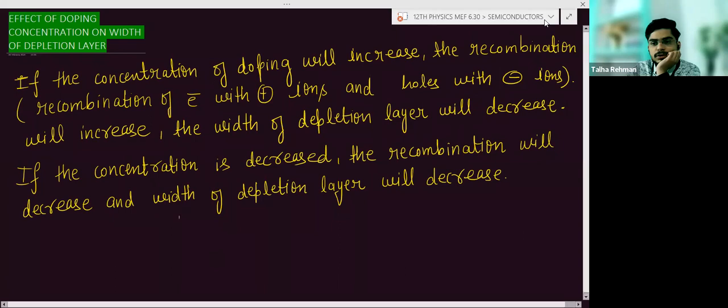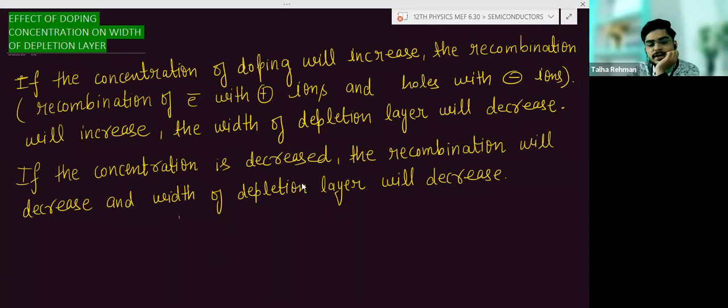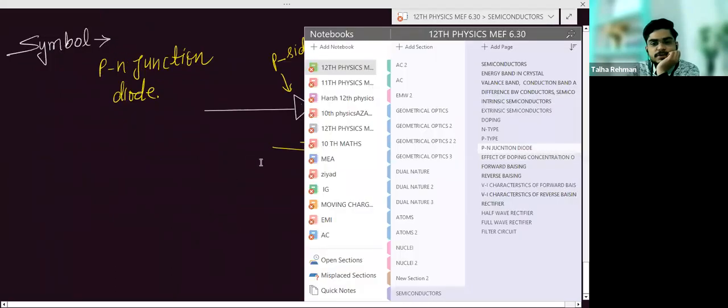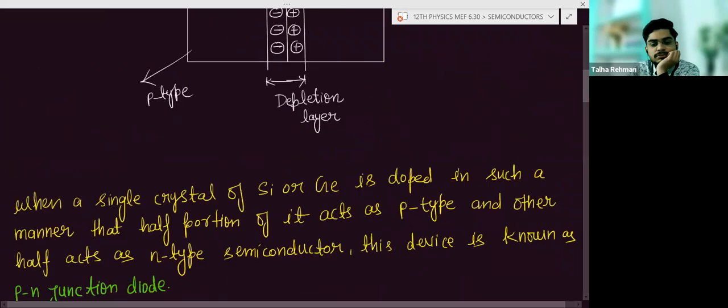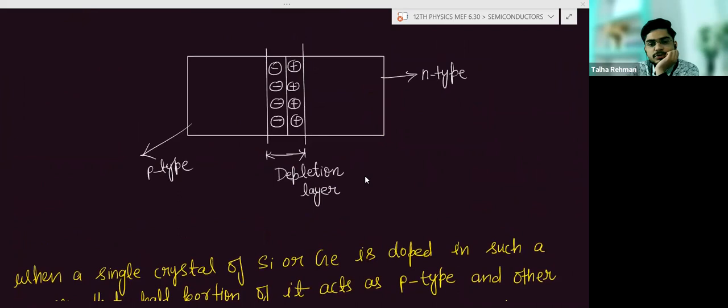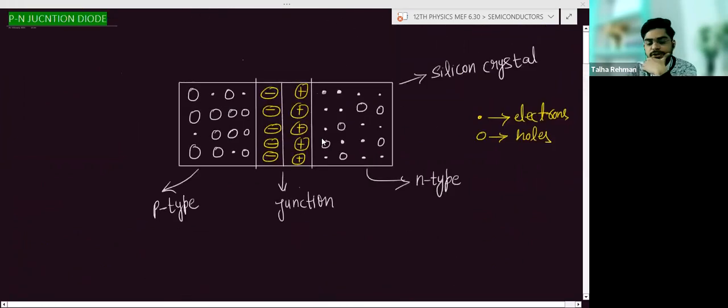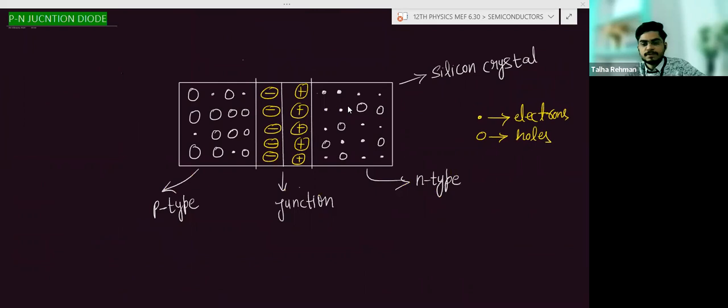Suppose we are increasing the concentration, so more doping we are doing, which means more electrons will be there.